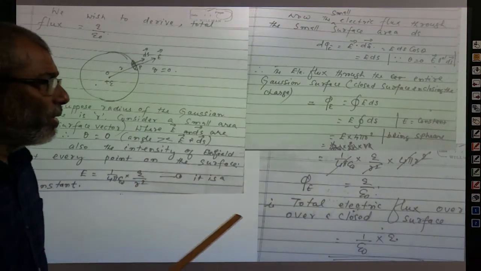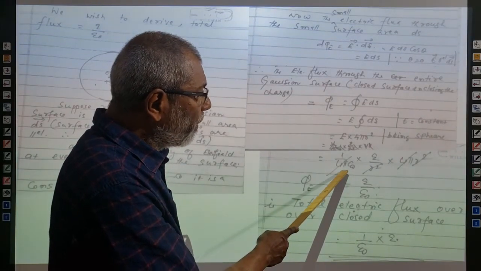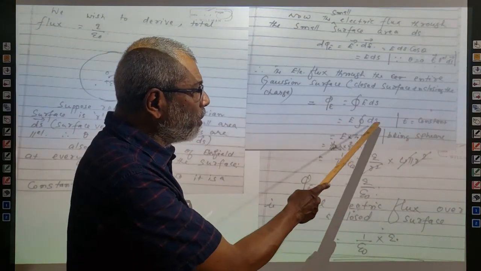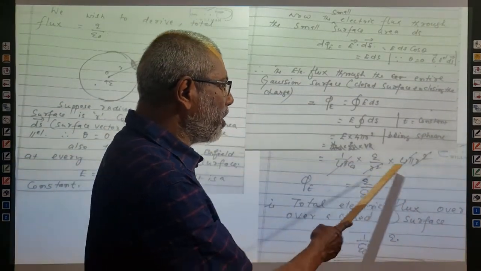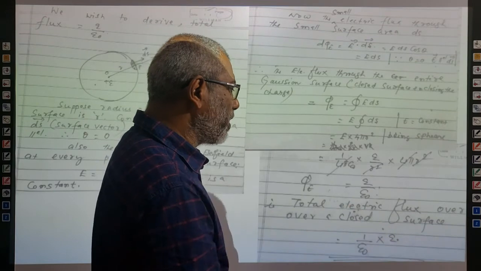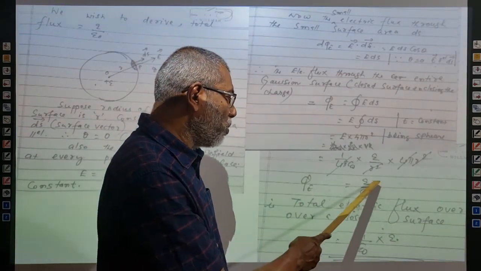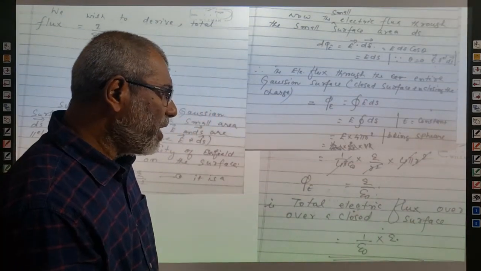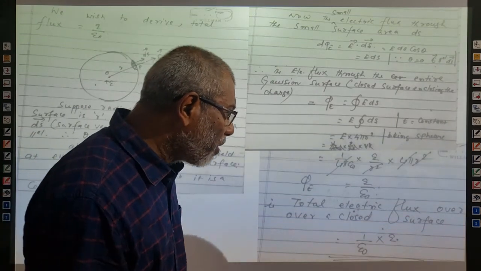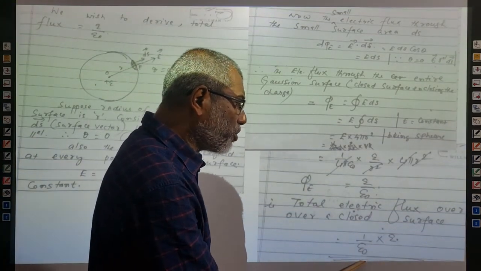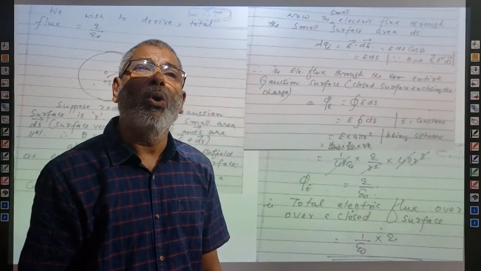Therefore, phi E is equal to, in place of E, writing 1 by 4 pi epsilon 0 into q by r square into the area of the spherical surface, 4 pi r square. The r square cancels, 4 pi cancels. What remains is phi is equal to q by epsilon 0. Hence, the total electric flux over a closed surface is equal to 1 by epsilon 0 times the charge enclosed by the surface. This is called Gauss theorem.